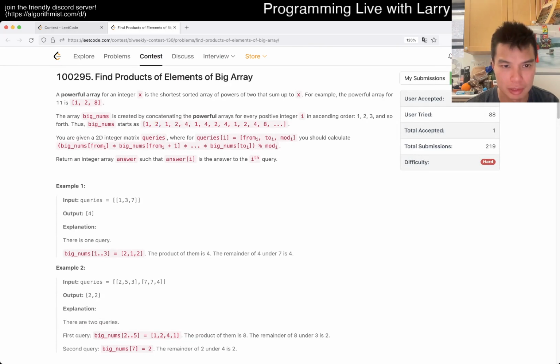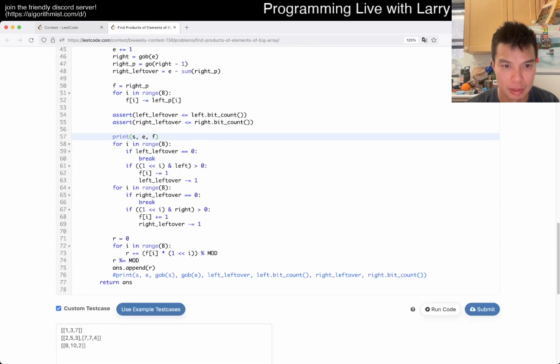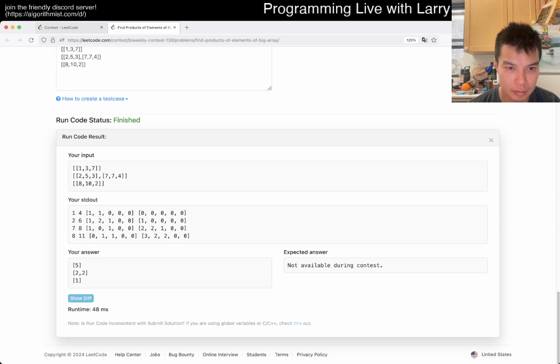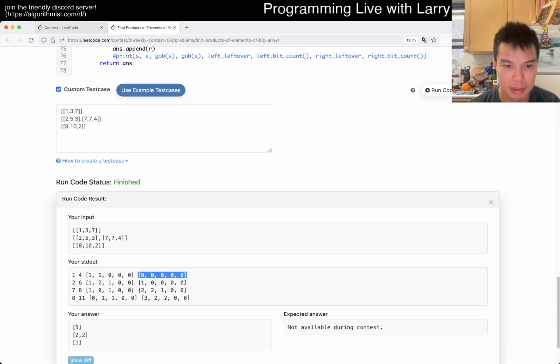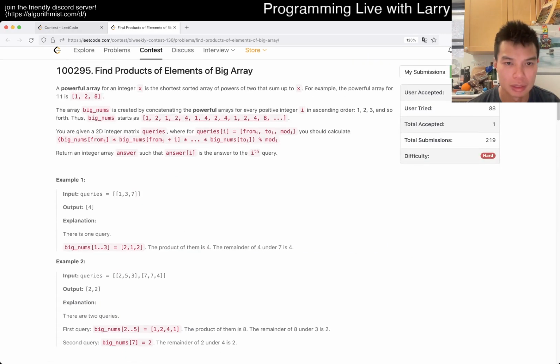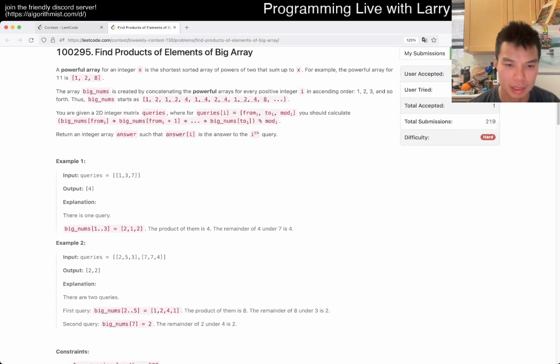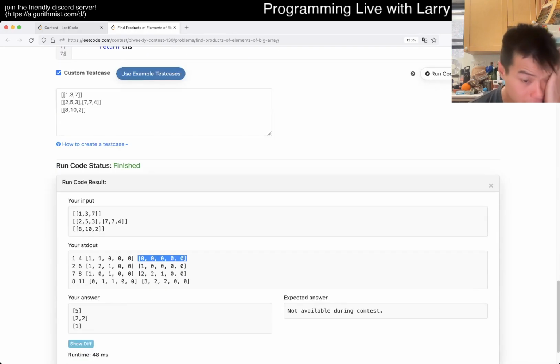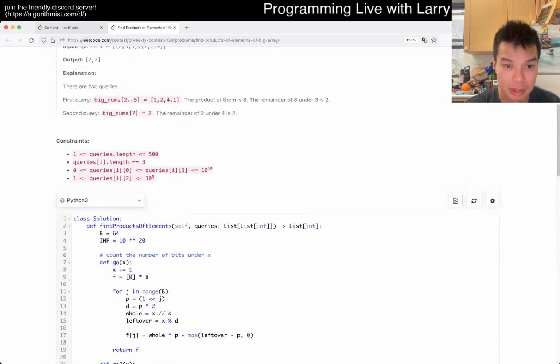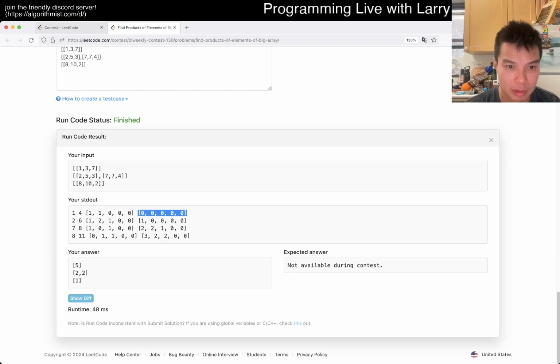No, that's not true, is it? Right P is this. Oh, that's right. Left P is this. Okay, that's actually right. Okay, I'm just being dumb again. Okay, so then why is this wrong?